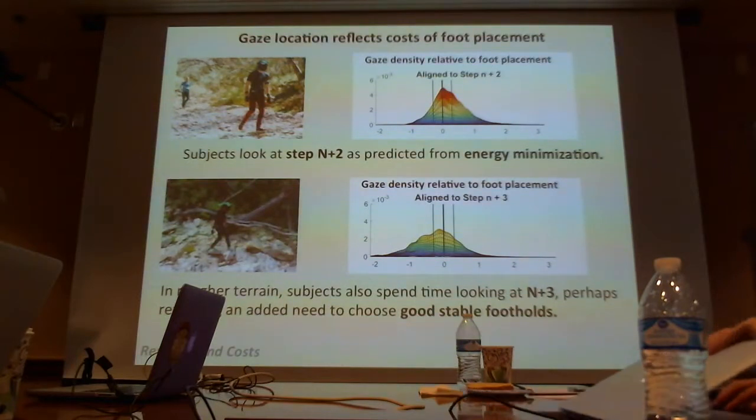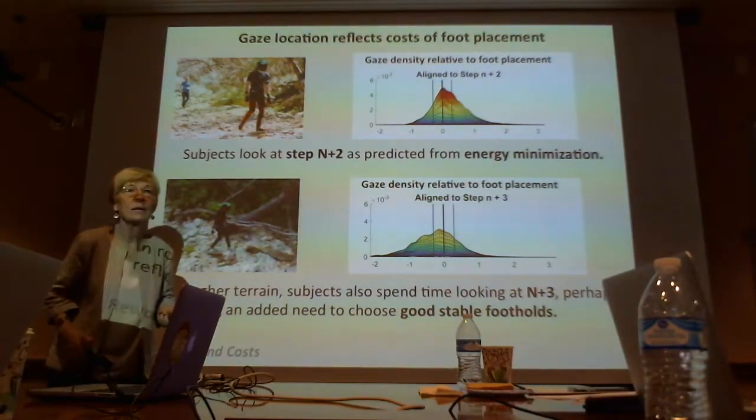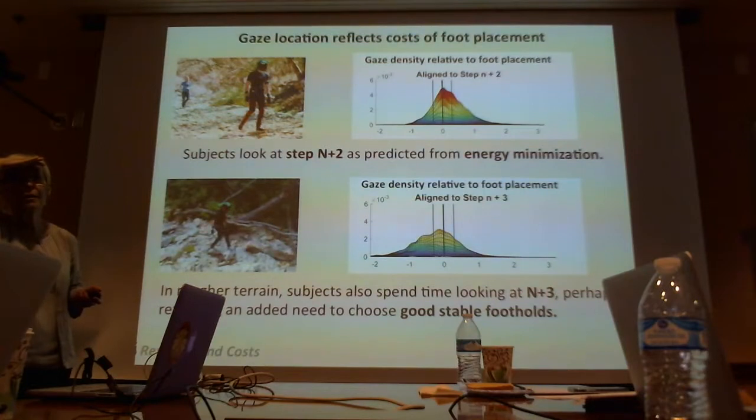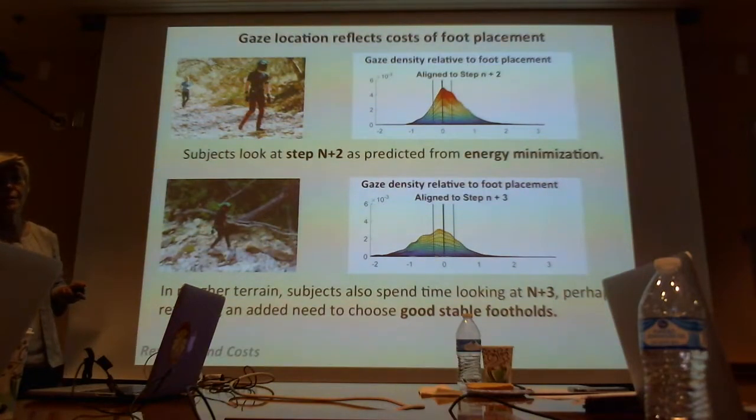The reason you look further ahead is because you have to plan stable placement. You not only control this n+2 foot, but you have to make sure that you've got a good place to go after that.